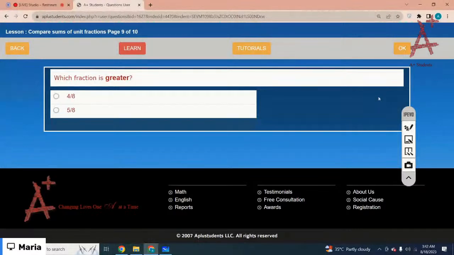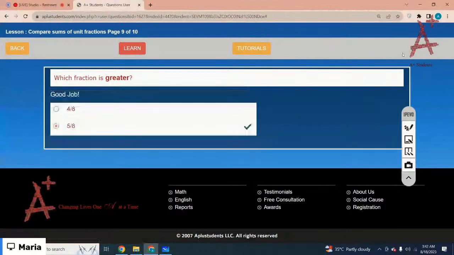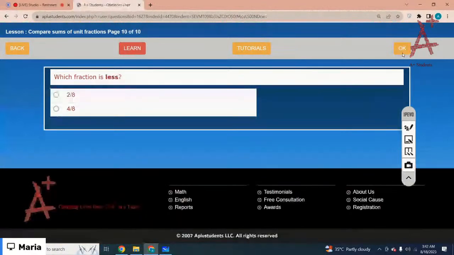The correct option is 5 over 8. 5 over 8 is greater than 4 over 8. Which fraction is less? 2 over 8, 4 over 8? 2 over 8 is less than 4 over 8. The correct option is 2 over 8.